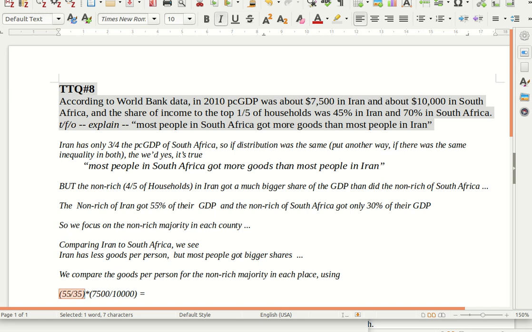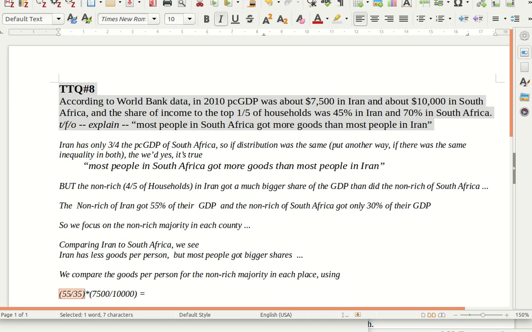That's a factor that's going to tend to make the people of Iran better off. But they've only got $7,500 of per capita GDP compared to 10,000 in South Africa, and that's going to tend to make the South Africans be the people with more goods.